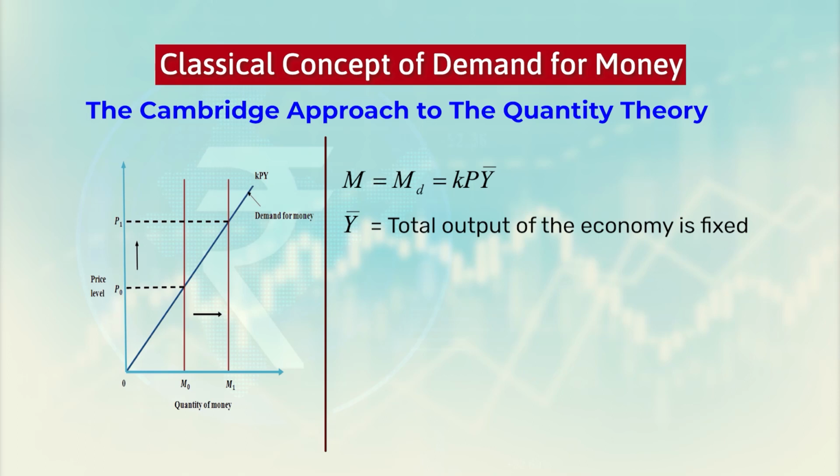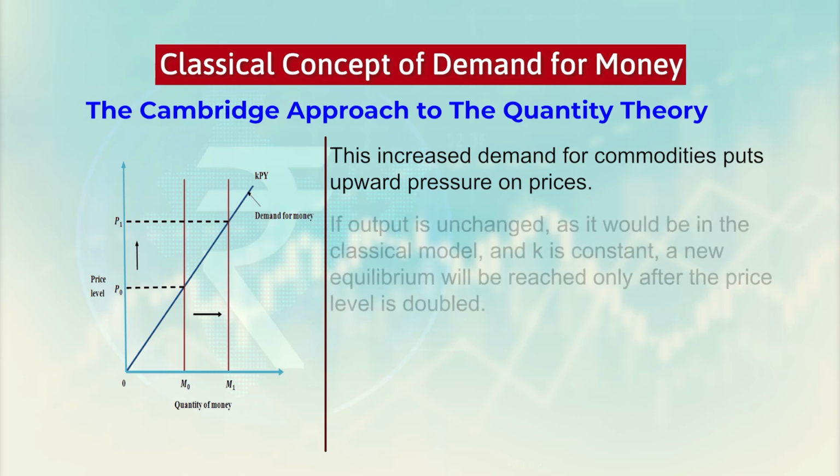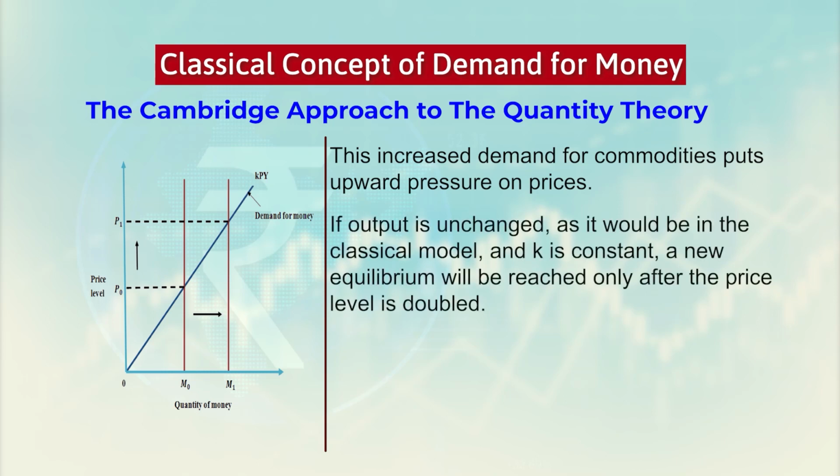So this is the underlying explanation for the increase in the price level in this system of Cambridge approach to the quantity theory of money, where an increase in money supply pulls up the price from a lower level to a higher level to bring back the economy into the equilibrium situation. So the increased demand for commodities puts upward pressure on prices. And if output remains unchanged, this is a very important classical assumption, that the output is not changing here.